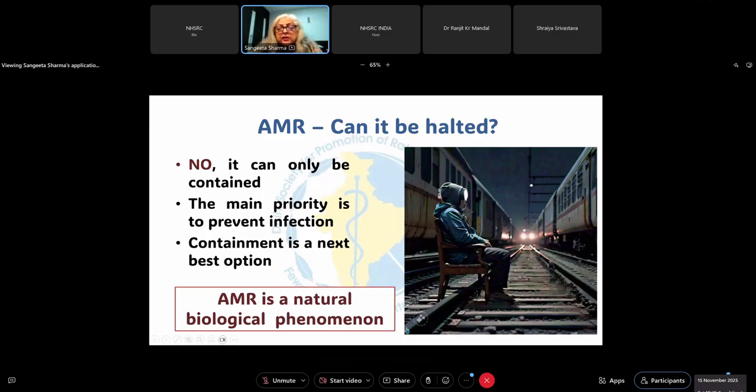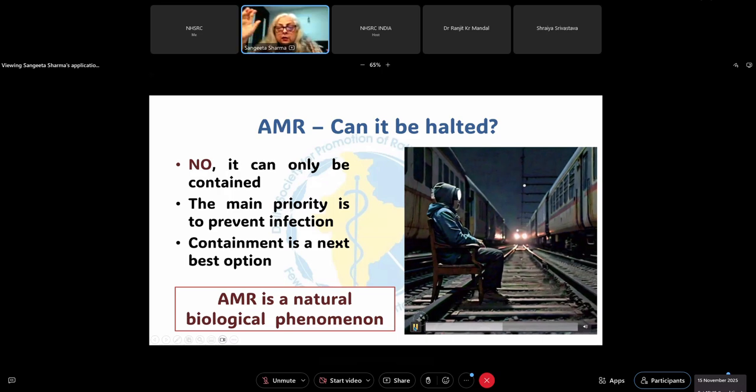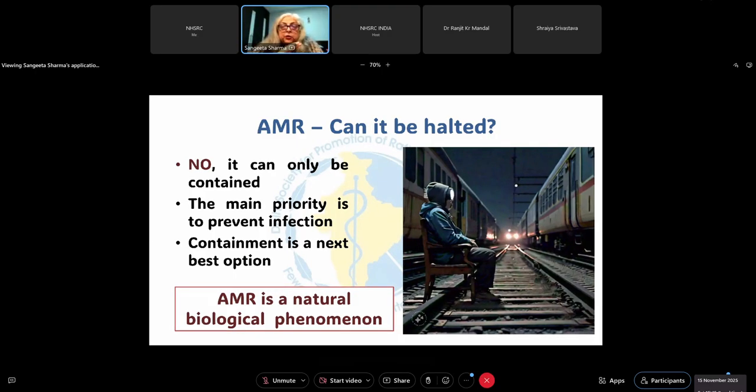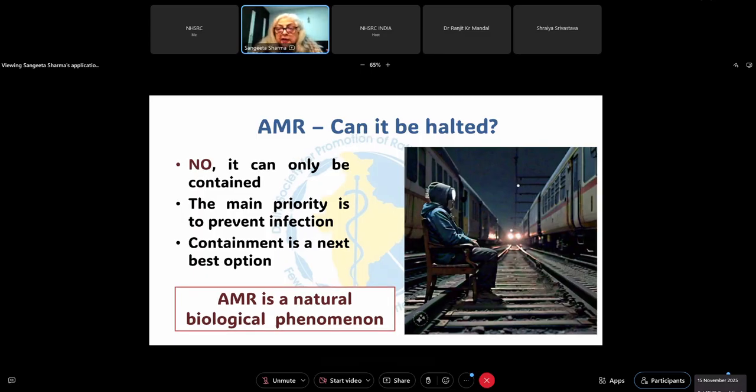Thinking that no action today will take care of tomorrow is a pure gamble, because as I told you, no new antibiotics are coming in, the pipeline is running dry. So we need to depend only on the existing antimicrobials. But if we don't handle them with care and we misuse and overuse them, perhaps tomorrow we will not have anything to manage these infectious diseases.